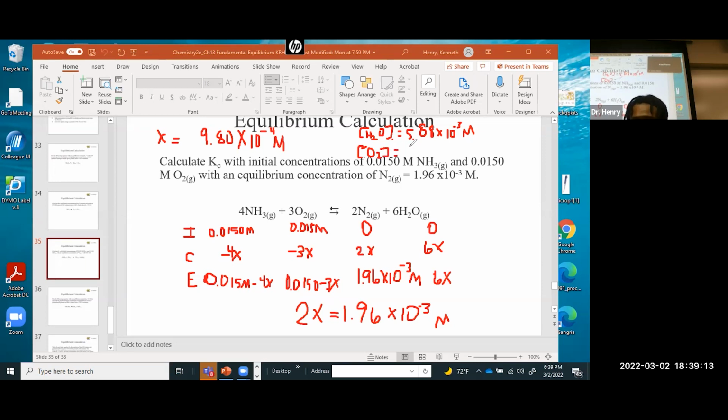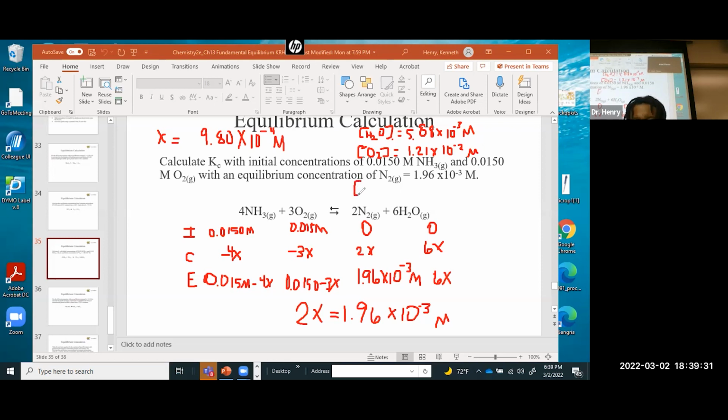And that's going to equal 1.21 times 10 to the minus 2 molar.